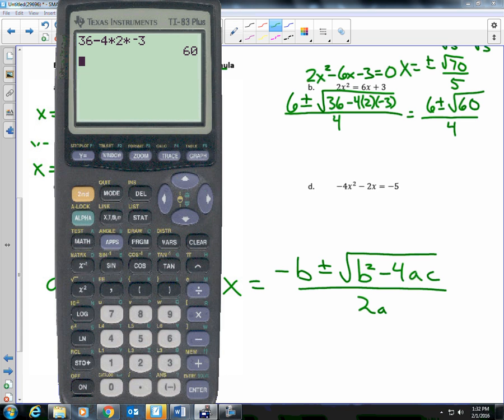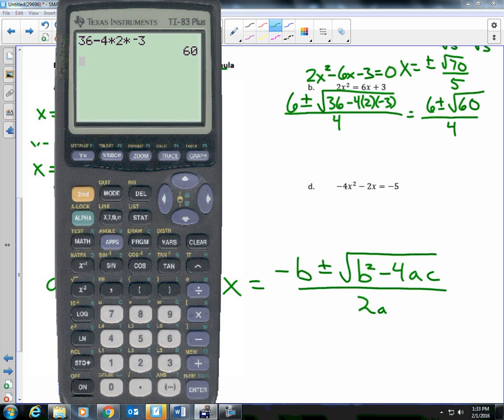So, can we reduce the square root of 60? Is there a perfect square that divides evenly into 60? 4. How many times does 4 go in? Look at your clock. 15 times, right? There's 4 15-minute segments in an hour.